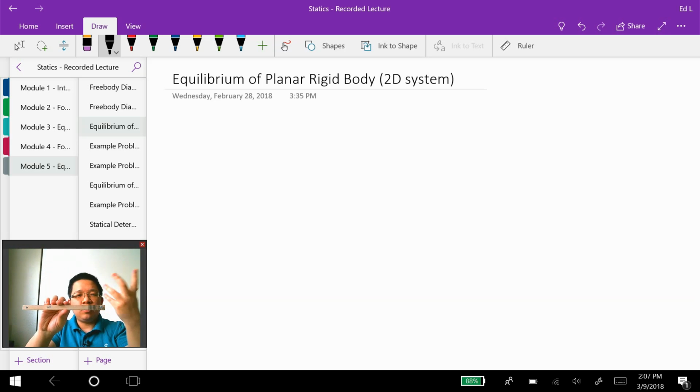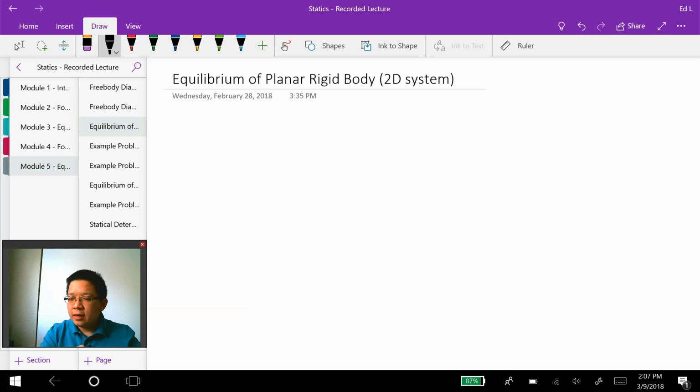Such that the equilibrium equations have to say that all forces in the y direction, all forces in the x direction, and also the moment, have to be equal to 0.